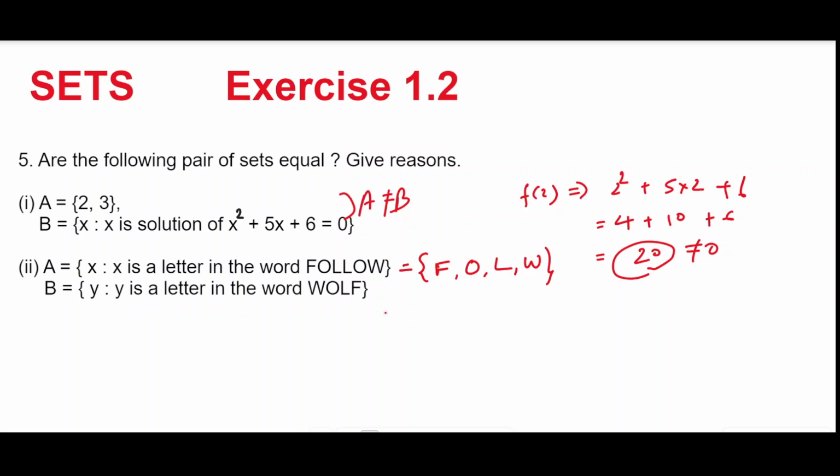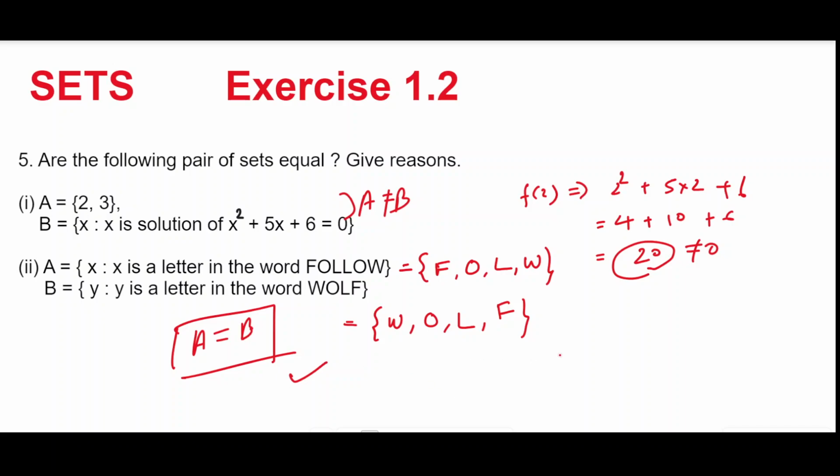And B is the letters of "wolf", so we can also write W, O, L, F. These are interchanged, but all the elements and the number of elements are the same. So we can say that A equals B. Clear? Now move on to the next question.